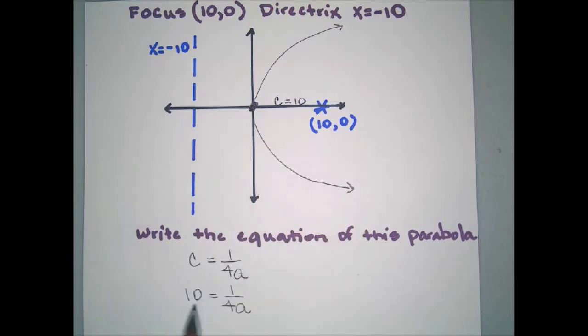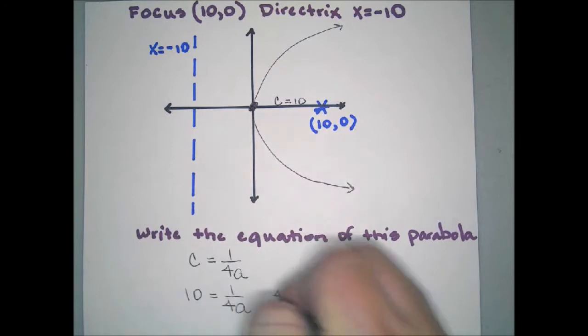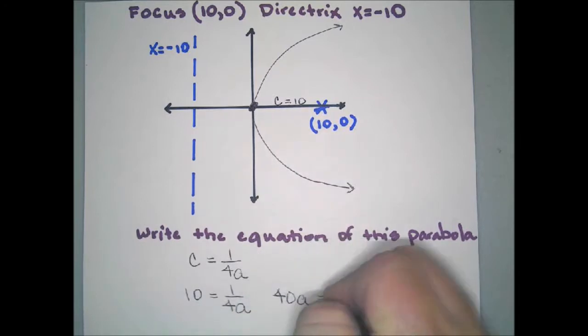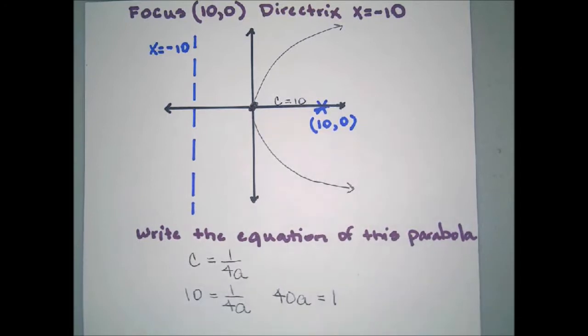Now, if I do a little bit of math, I'm going to cross multiply. 10 times 4a is 40a. 40a equals 1. Now, to solve for a, I'm going to divide both sides by 40 because I want to get my a. A equals 1/40.